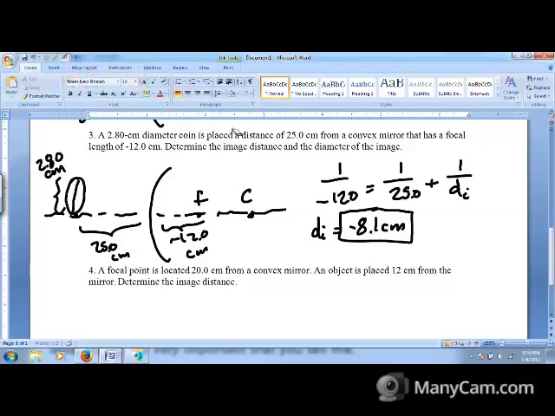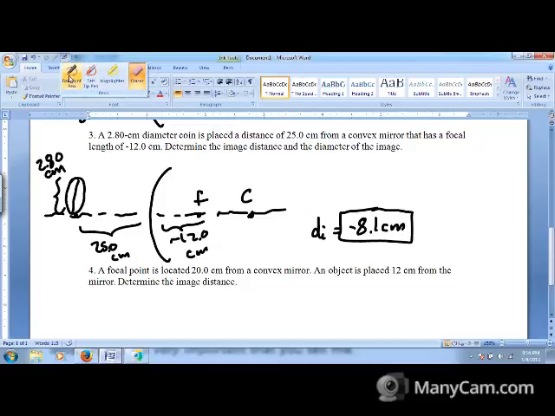Now we're going to use the magnification equation to determine the diameter or the height of the image. All right, so magnification equation, h_i over h_o, I'll do it in a different color. So h_i, the height of the image, which we don't know, over the object height, which is 2.80, equals negative. Now this negative is very important.